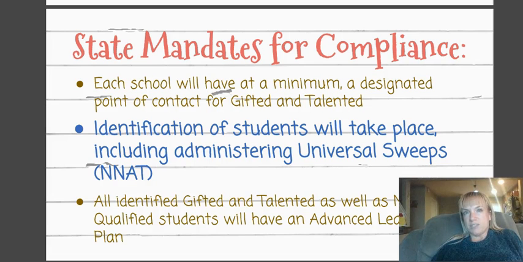In our district, we use the Naglieri assessment, and that's called the NNAT. And then all gifted students identified as gifted or magnet qualified will have an advanced learning plan. And related, of course, then is the programming that goes with that.